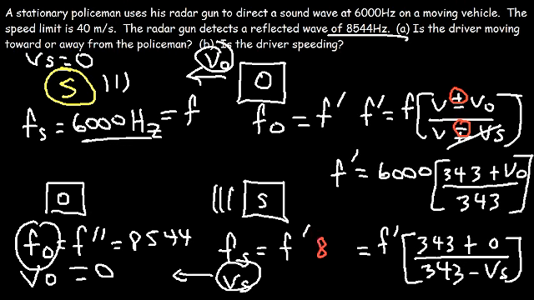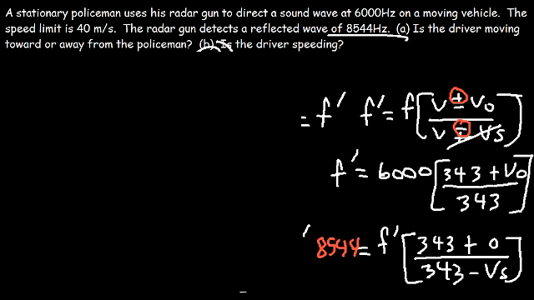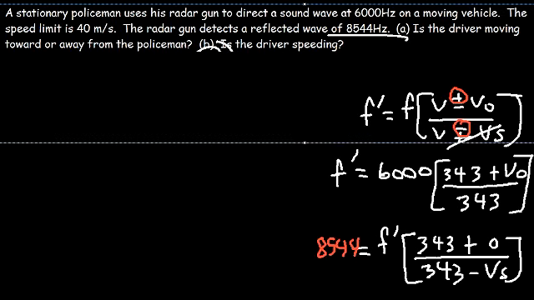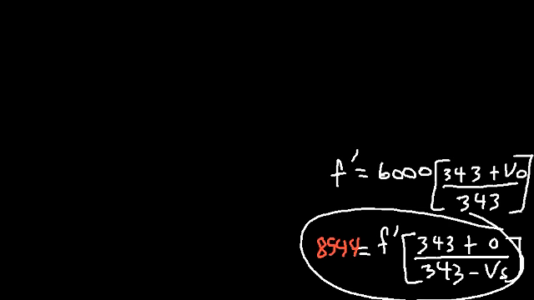So now we have two equations and two variables. Keep in mind, Vs for the second problem is the same as VO. So we're going to replace this Vs with VO because they're the same thing. So now let's solve for the speed. In this equation, let's get F prime by itself.